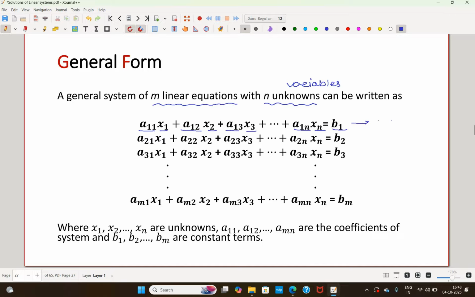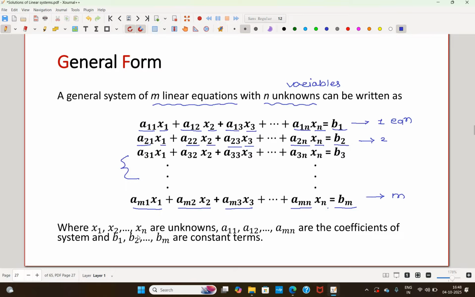So that's your first equation. Then a21 x1 plus a22 x2 plus a23 x3 plus and so on, a2n xn is equal to b2. So that's your second equation. And so on. We can continue likewise, and the last equation we are going to consider as am1 x1 plus am2 x2 plus am3 x3 and so on, amn xn is equal to bm. So that's your mth equation, right?